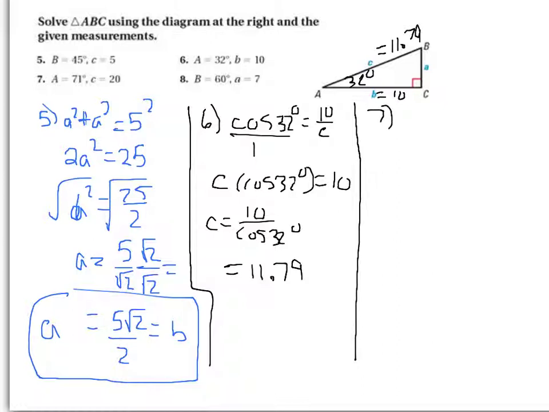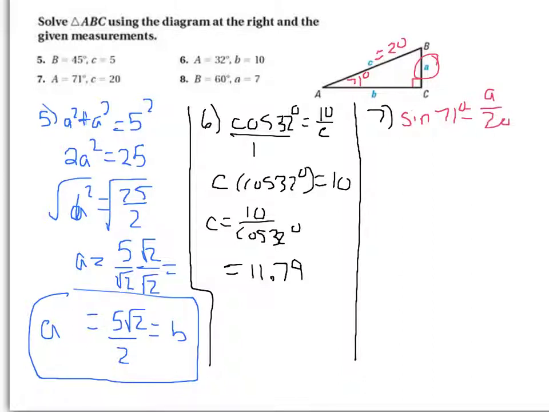Seven, you get that the angle of A is 71 degrees, C is 20. So I'm going to find A first. So that's the opposite and the hypotenuse. So you say the sine of 71 equals A divided by 20.